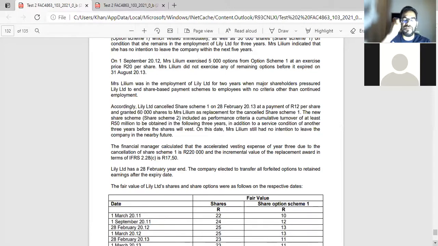So she's going to give the company money for 5,000, so 5,000 times 20 Rand. And what are they going to give her? They're going to give her shares. So the journal entry over here would be debit bank because they're receiving money, and you would credit shares. Okay, so just take note of that.